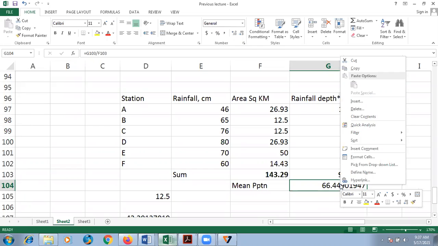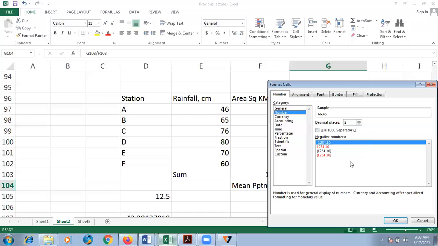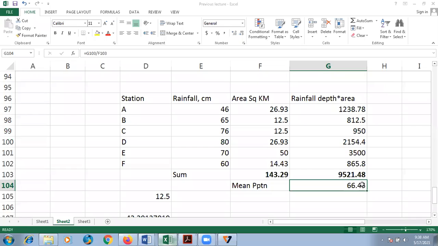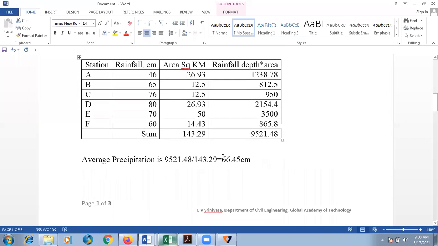So you can reduce this to 2 decimal locations so that the practical limits are also maintained proper in measurement. So 66.45 is the average precipitation. That is what I have shown here, 66.45 centimeter.